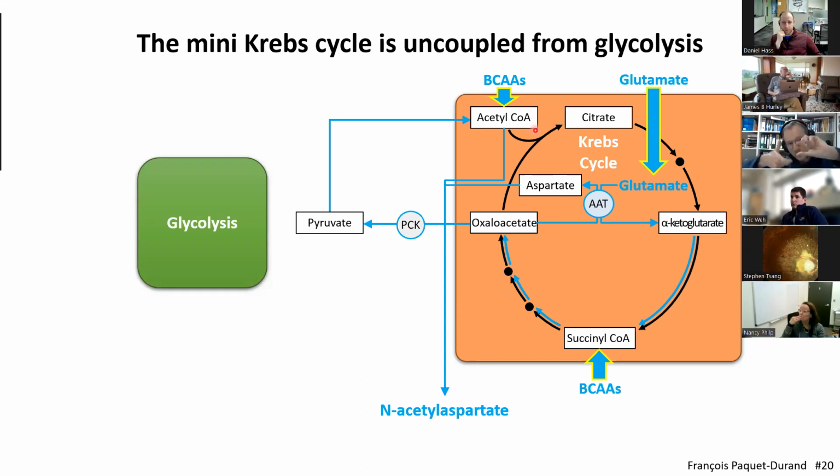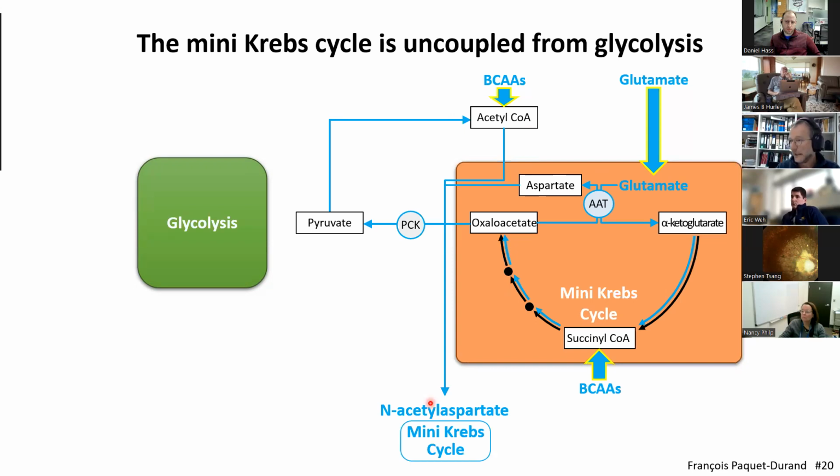So you have kind of a double loop that is intertwined that allows you to run this lower half of the Krebs cycle on glutamate and branched-chain amino acid input, with the output being N-acetyl aspartate. And again, this upper half of the Krebs cycle with the rate-limiting steps, you wouldn't need those.